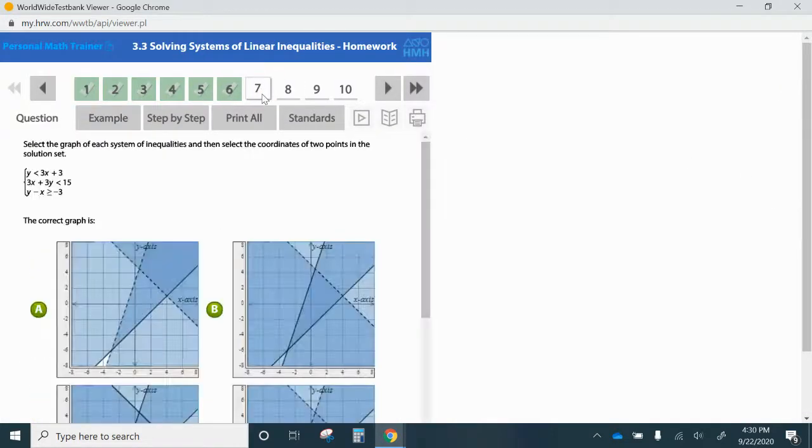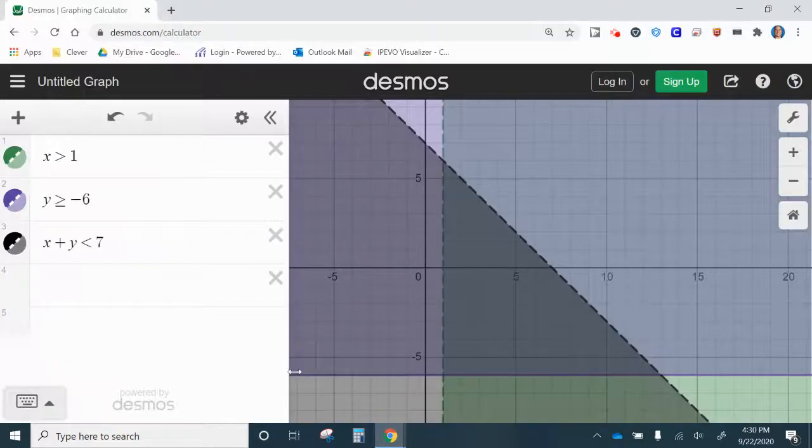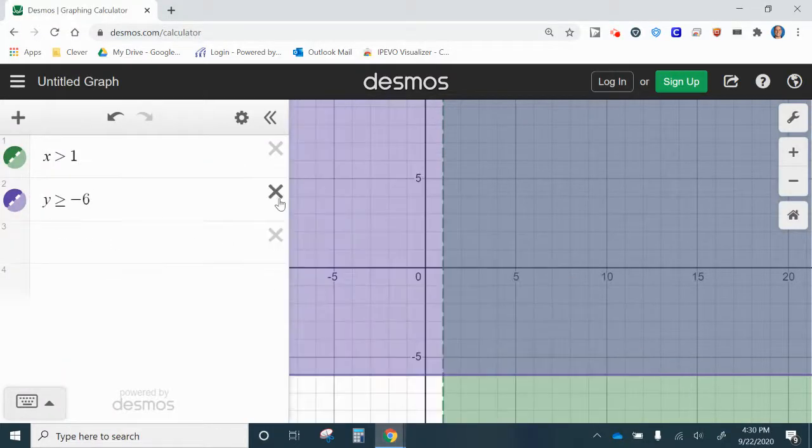Okay, number 7. All right, same thing. We're going to write down the system and use Desmos to graph it. So y is less than 3x plus 3. 3x plus 3y is less than 15. y minus x is greater than or equal to negative 3. All right, let me clear these out.